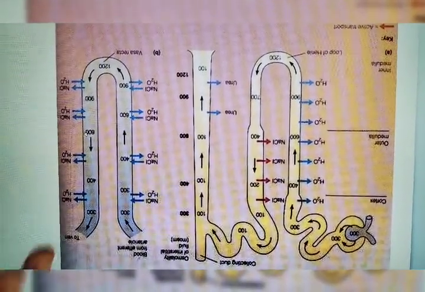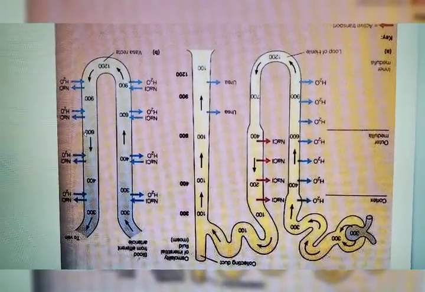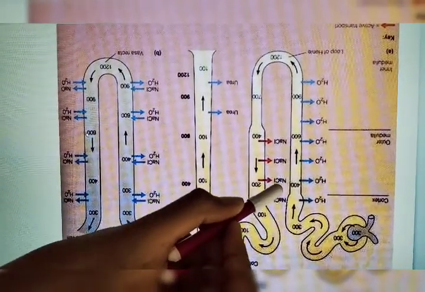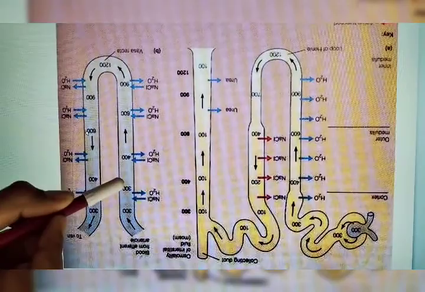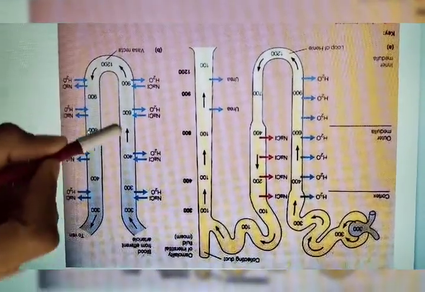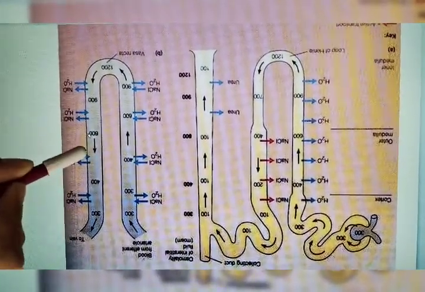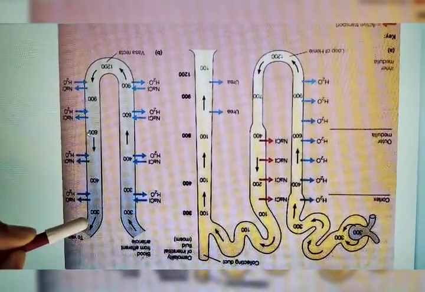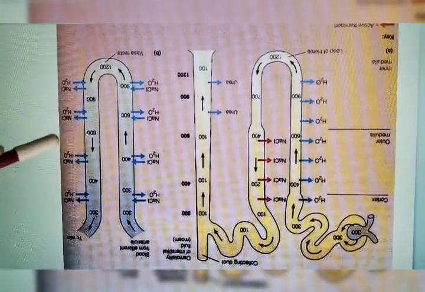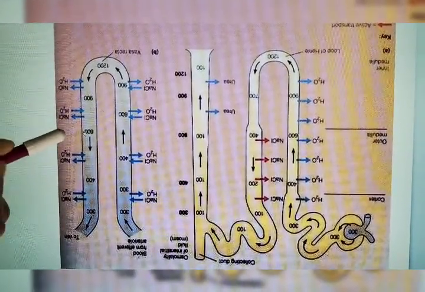This is the sodium chloride mechanism: the loss of sodium chloride by the ascending limb of Henle's loop, the gain of sodium chloride by the descending limb of the vasa recta, and again the loss of sodium chloride from the ascending limb of the vasa recta to the interstitium. This increases the solute concentration in the interstitium.